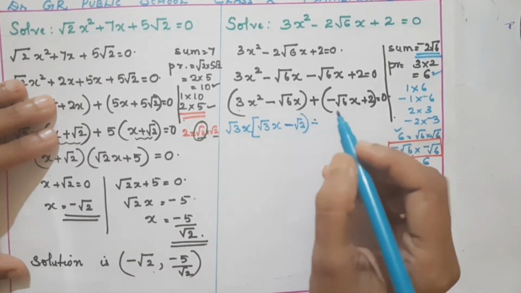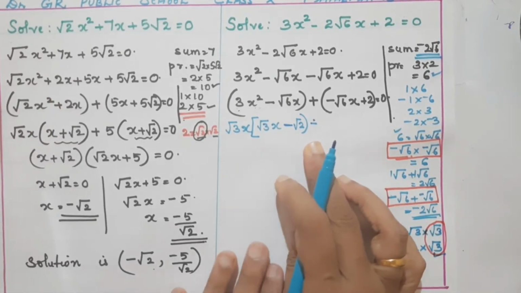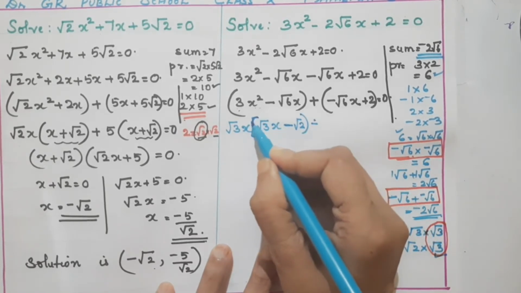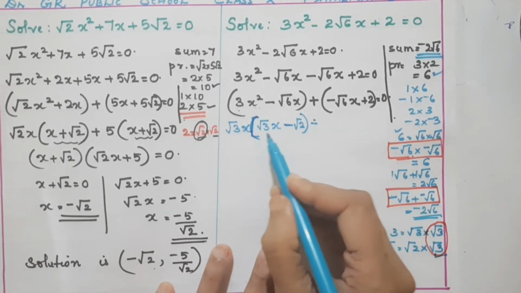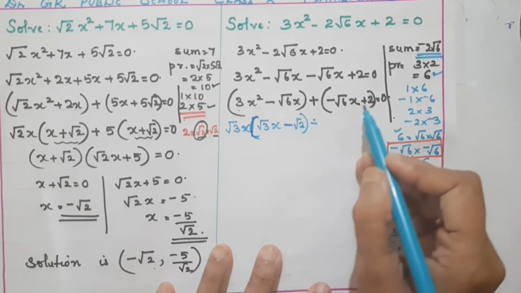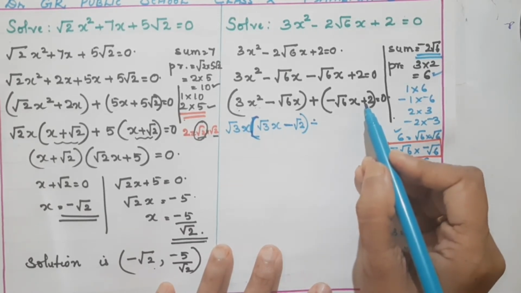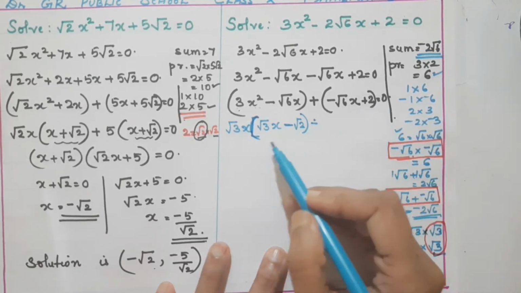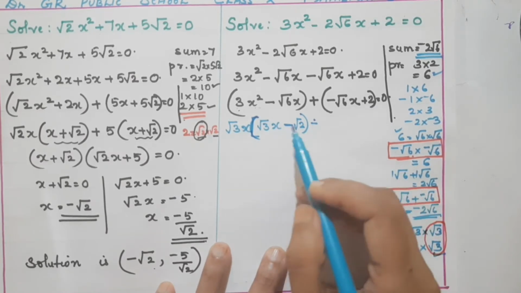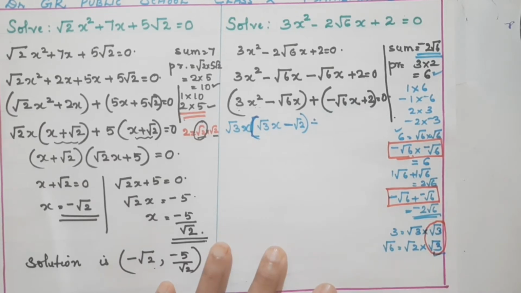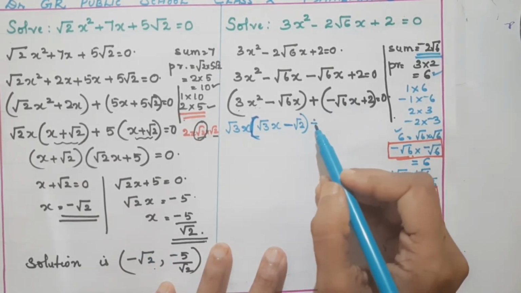Plus or minus? See, here inside the bracket we have root 3x minus, middle term is minus, negative. But here middle term is positive. So there is a sign change. So if there is a sign change, you should understand that we have to take negative number from the second bracket. So negative we have taken.